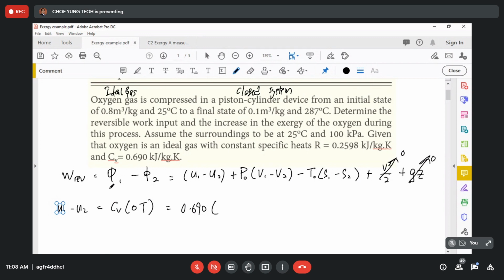If the system does some work to the surrounding, or does some work for other system output work, then phi1 will be higher than phi2 because some of the exergy has been used. But for some systems, work is transferred to the system, work done toward the system. So phi2 will be higher than phi1 because it absorbs the work done from other. Okay, so it doesn't matter.